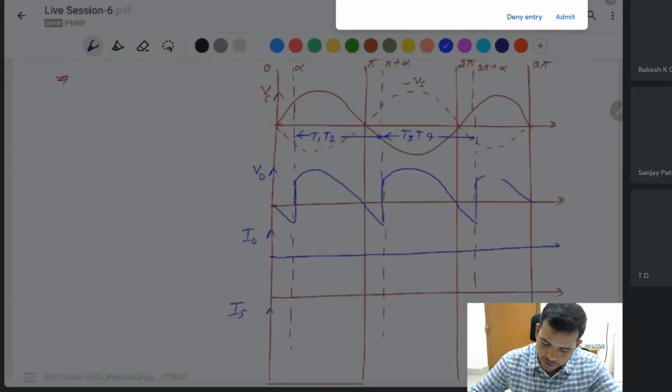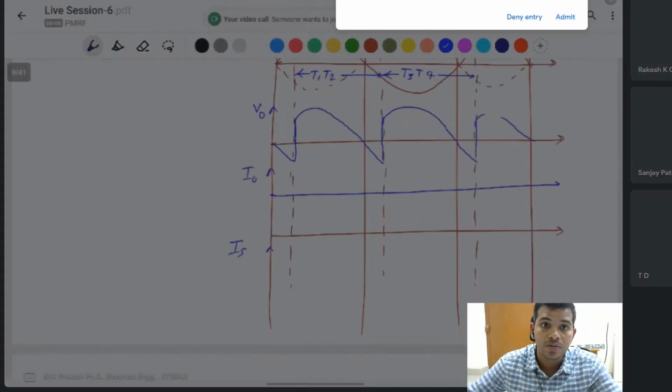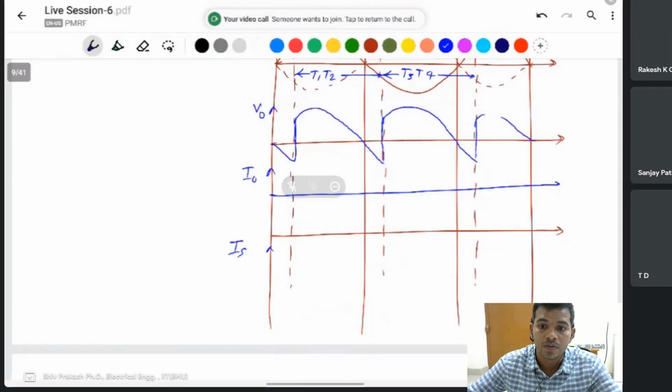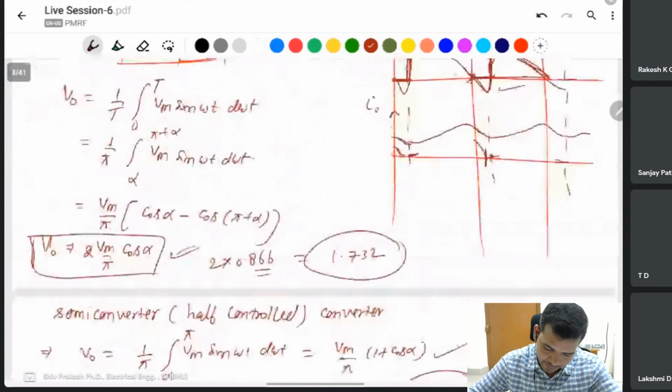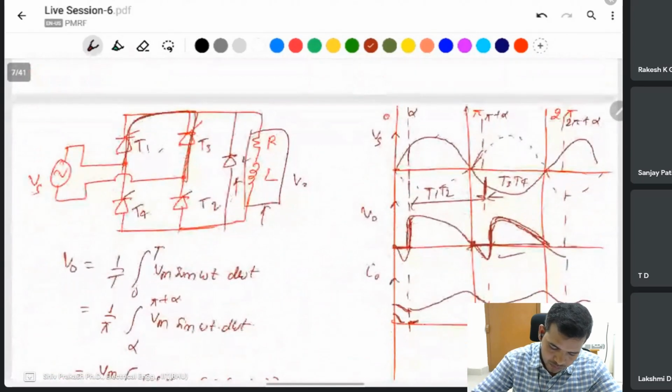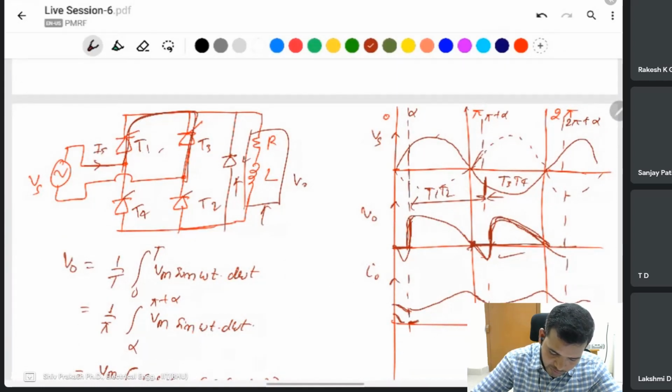When T1, T2 are on, the input current will flow like that, in the positive direction.